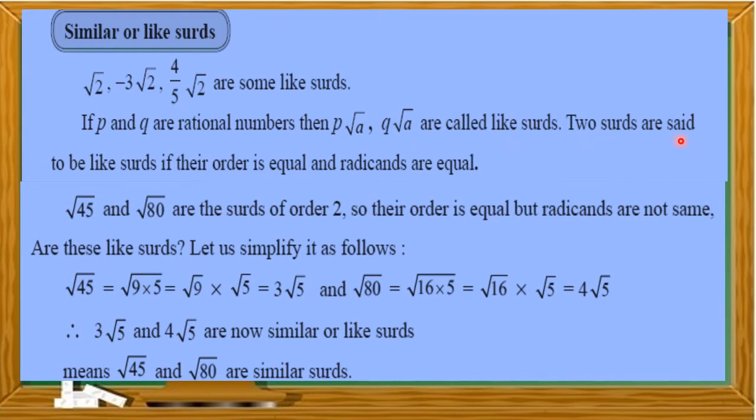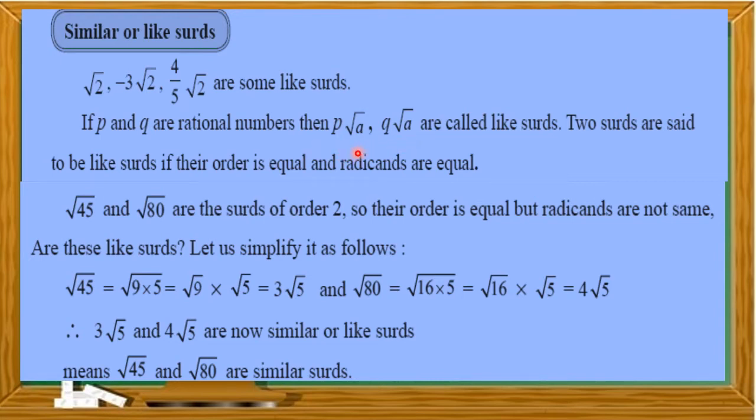Two surds are said to be like surds if their order is equal and radicands are equal. Here the radicand is A, and the order of the surd is 2. Order and radicand are same. Therefore, these are like surds.